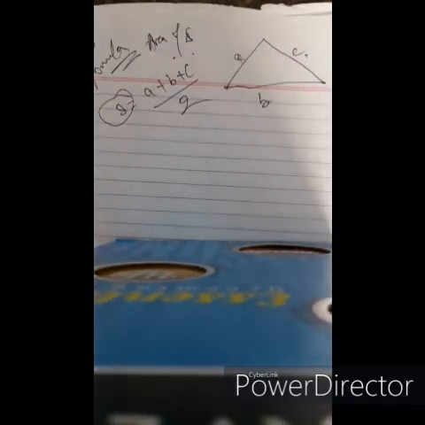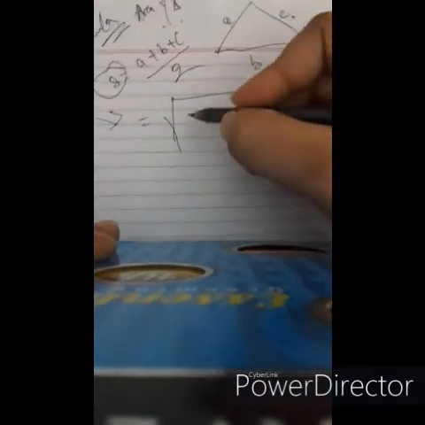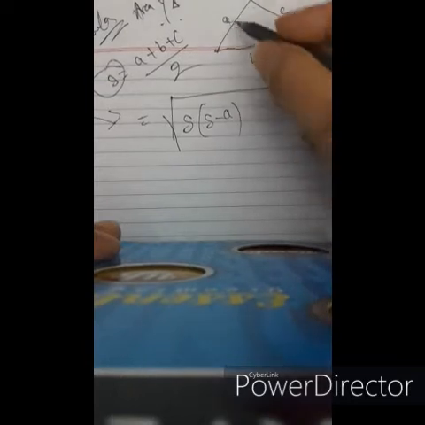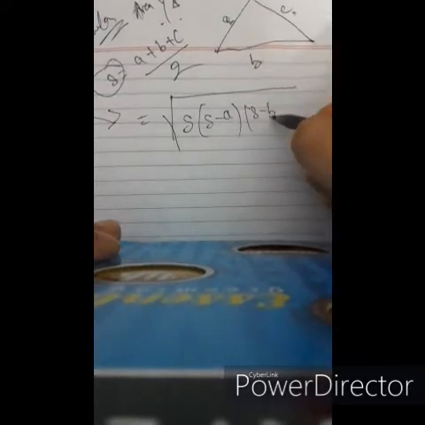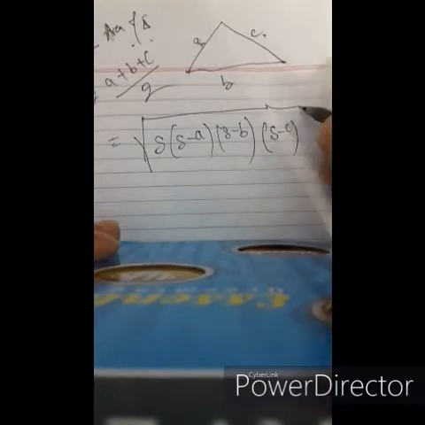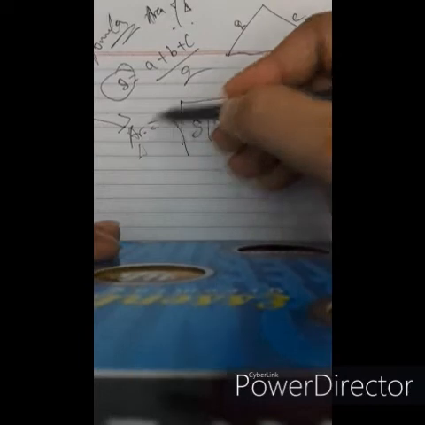So Hero's formula of area of triangle goes like this. It is whole root under S into S minus a, the first side, into S minus b, the second side, into S minus c, the third side. That is the area of triangle by Hero's formula.